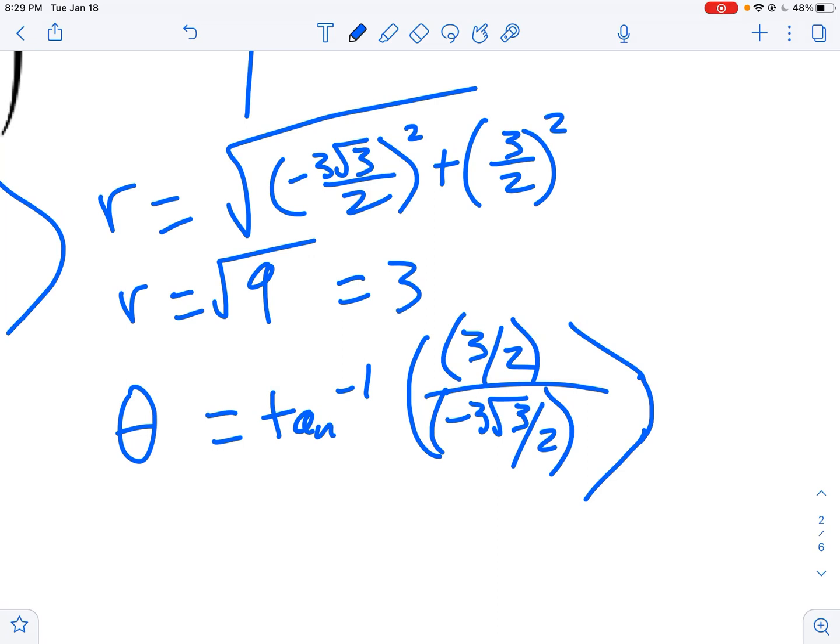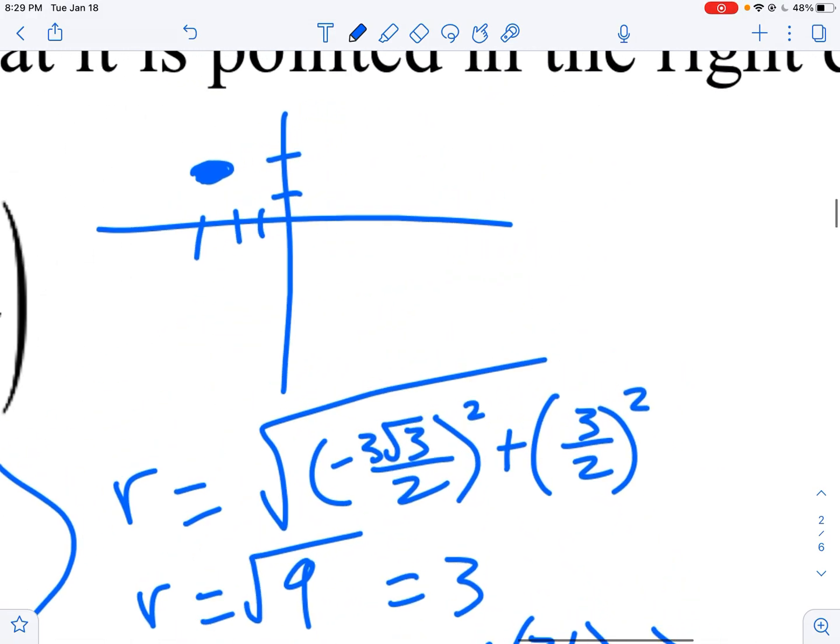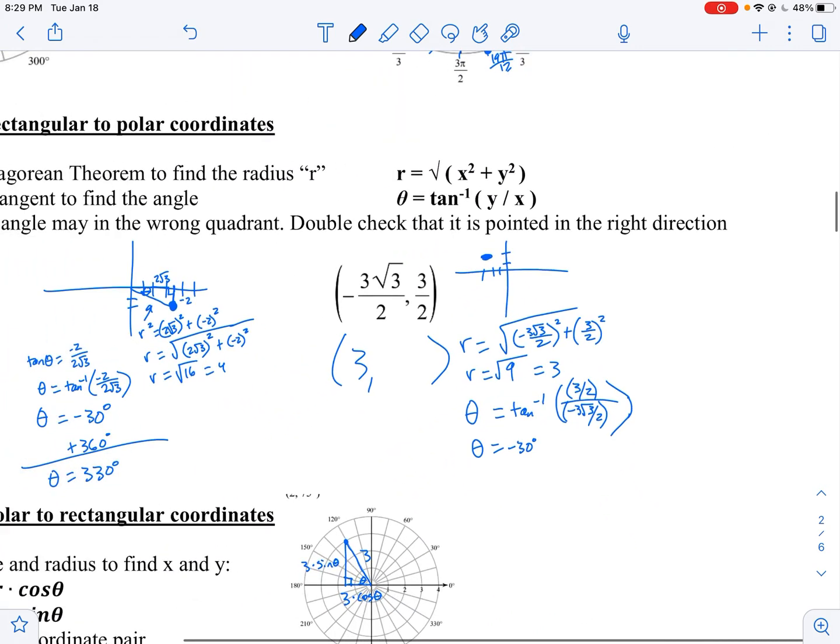I got inverse tangent of the top thing, 3/2, divided by parentheses around my bottom thing, negative 3 root 3 divided by 2, close parenthesis, and I get negative 30 degrees again. Okay, so we got this, but we need to make sure we double check that it's pointing in the right direction.